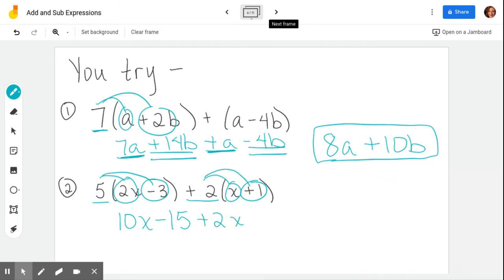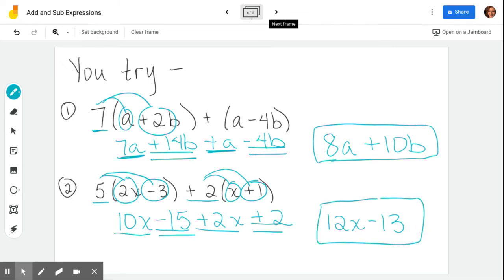Positive 2 times positive 1 is positive 2. And x can go with an x. So I have 10 and positive 2. That's 12x. And then my constants can go together. I've got minus 15 and positive 2. That would be minus 13 on the constants. So 12x minus 13.